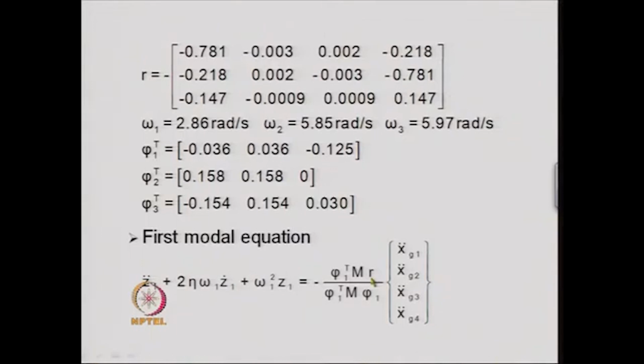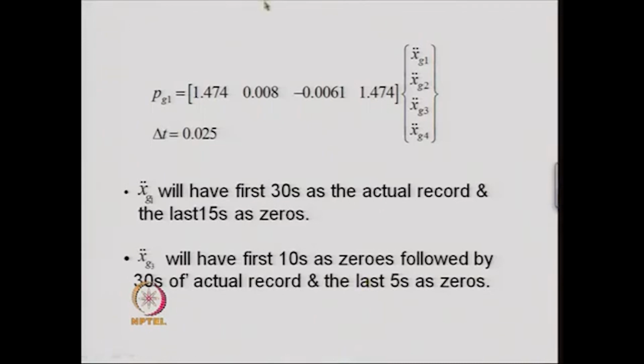When we multiply that, we get this quantity, and with this quantity we form the PG1 matrix.